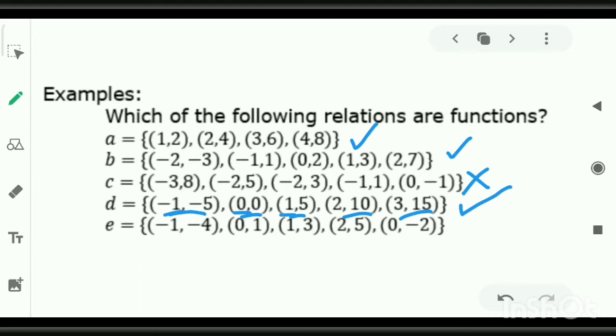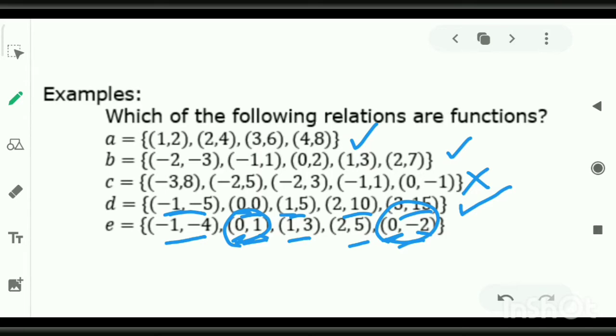And the last one, set E, we have (-1, -4), (0, 1), (1, 3), (2, 5), and (0, -2). In here, we have two ordered pairs, which are (0, 1) and (0, -2), which both have 0 as their x element, and we have two different y elements paired to 0.